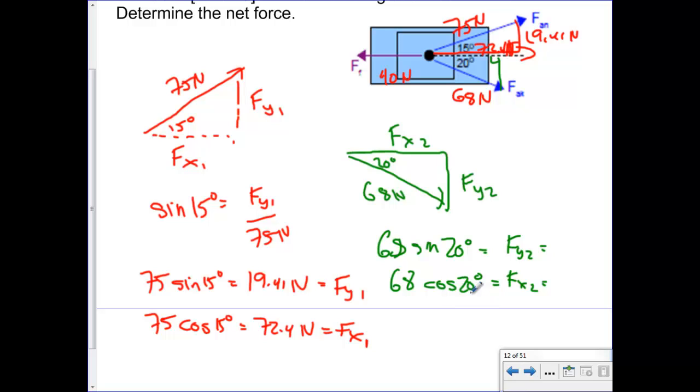Sine of 20.68 gives 23.3, and I got 63.9.